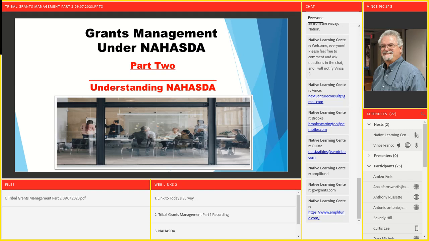Other comments were more about feeling comfortable in being able to apply for more grants. Now, keep in mind, what we're talking about today is grants management. This is at the back, as the restaurant industry would say, the back of the house. This is after we've received the funding and how to manage that. But there should always be a great relationship between grant management and grant writing.